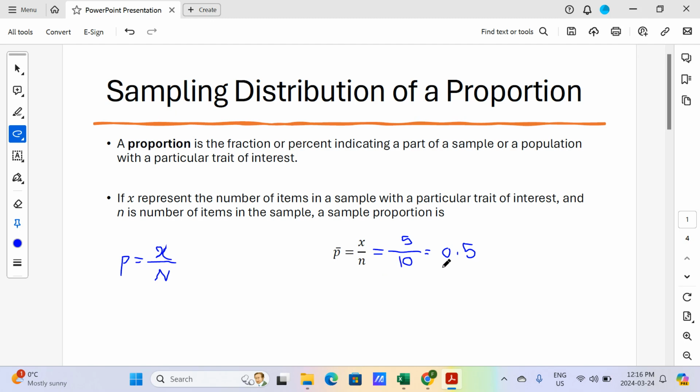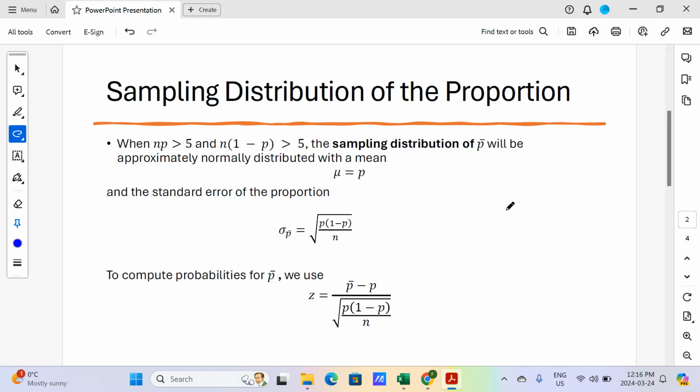Now let's talk about p bar, the sample proportion. We are going to talk about the distribution of p bar, the distribution of a sample proportion.